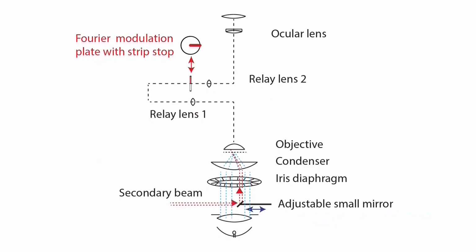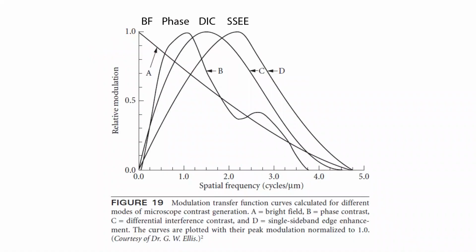In this example, we show a strip stop mounted in the Fourier modulation plate. The plots here show modulation transfer function curves indicating that SSEE has superior high spatial frequency content compared to bright field, Zernike phase contrast and DIC.